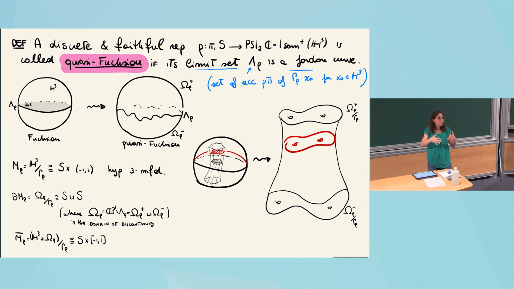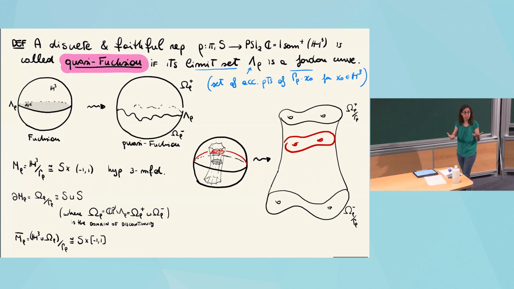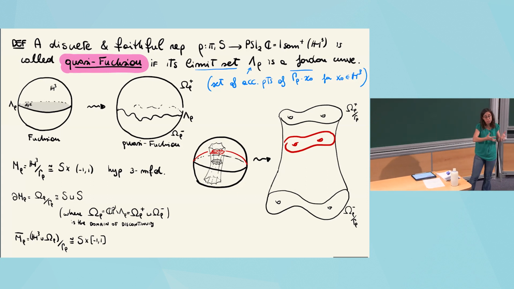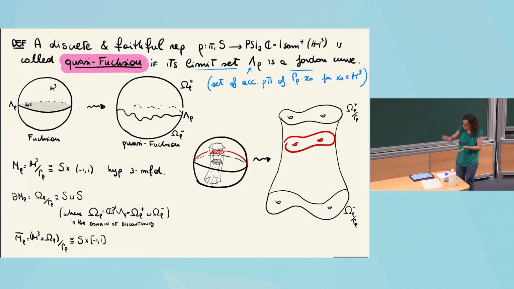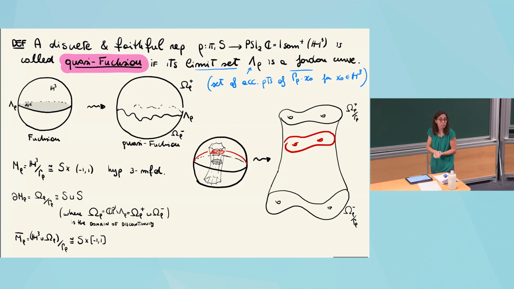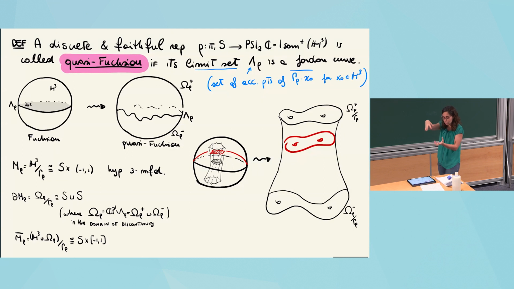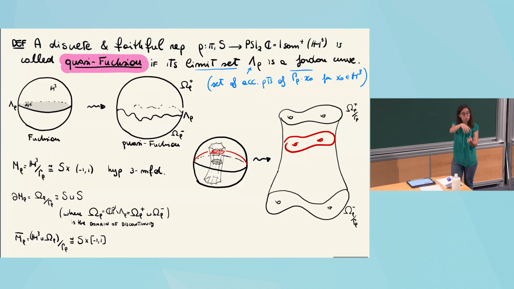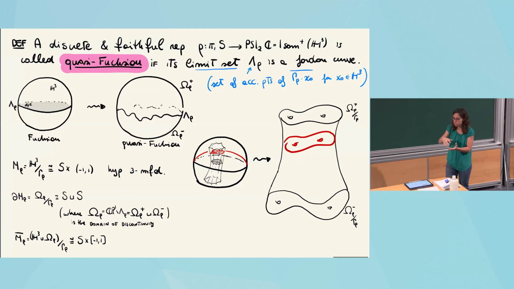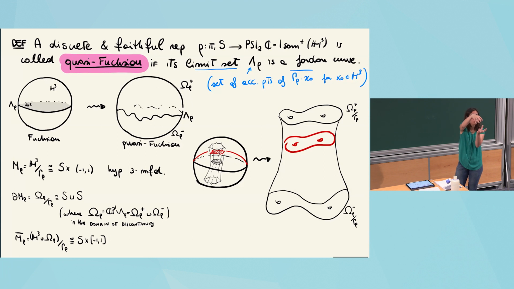These representations also describe a nice subset in the character variety, and when you look at the quotient of H3, you still have a 3-manifold that is homeomorphic to sigma times R, but you also have more geometric structure associated, because your limit set splits CP1 into 2 topological disks, and you can take the quotient of those components.